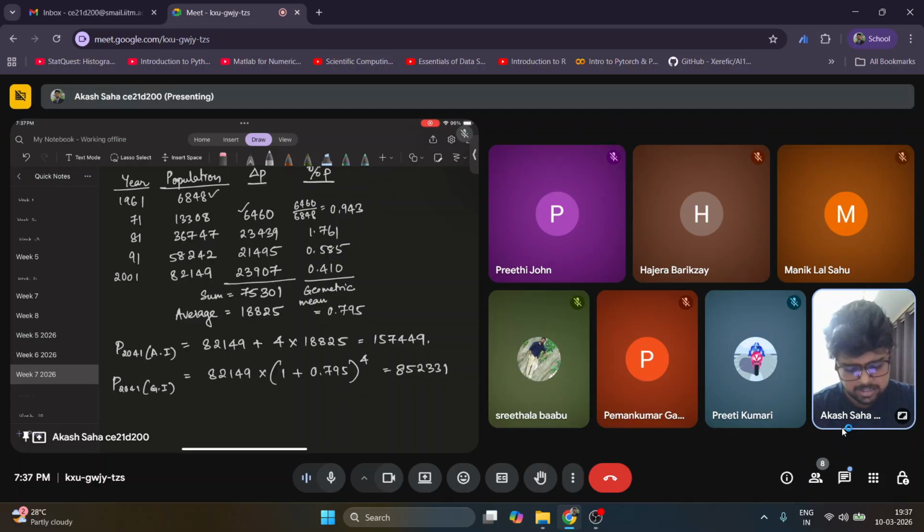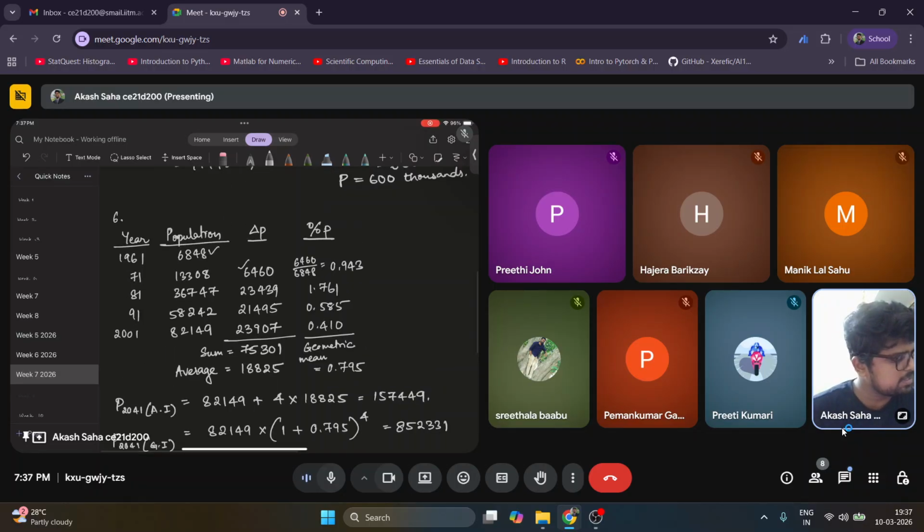Okay. And then last is the incremental increase. So what we have to find out in incremental increase? So here we will find out what is the change in population. Okay. So we will just subtract these two. Okay, like this.